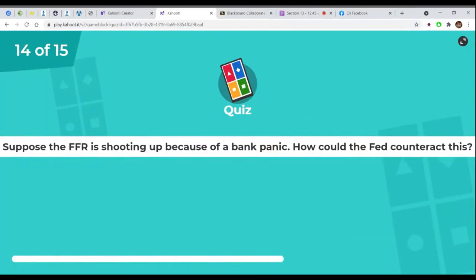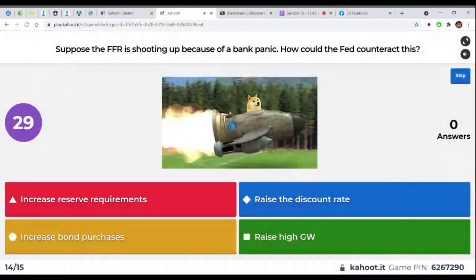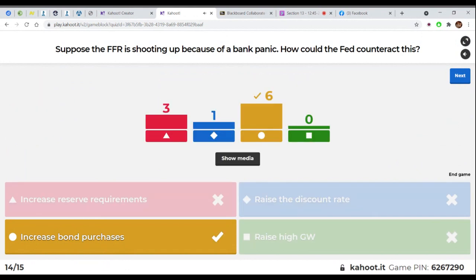Suppose the federal funds rate is shooting up because of a bank panic. How could the Fed counteract this? Increase reserve requirements, increase bond purchases, raise the discount rate, or raise high GW? They could increase bond purchases.